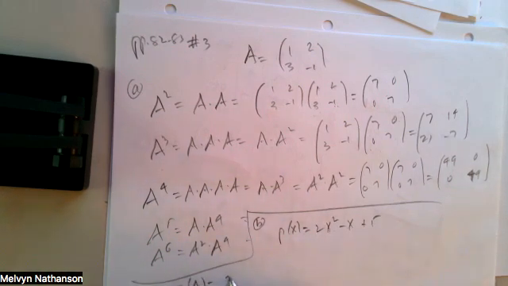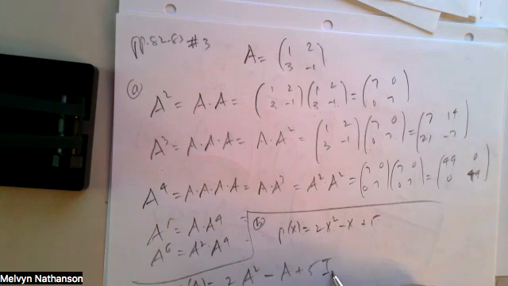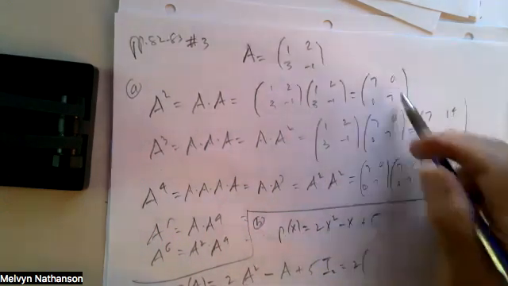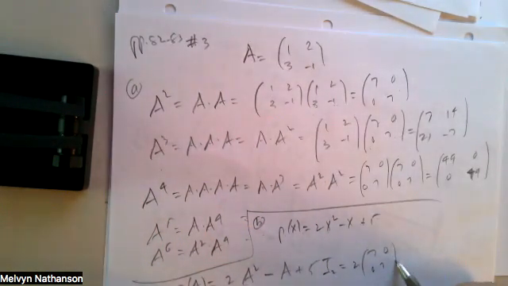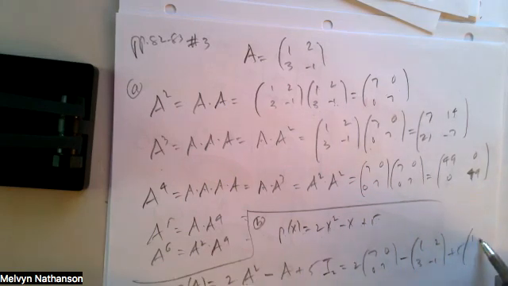This means 2A squared minus A plus 5 times the identity matrix. That's how you insert a matrix into a polynomial. So A squared we calculated, that's [[2, 7], [0, 7]] minus A, [[1, 2], [3, -1]], plus 5 times the identity.